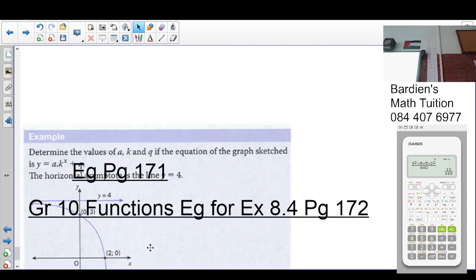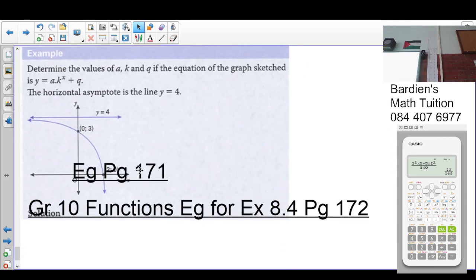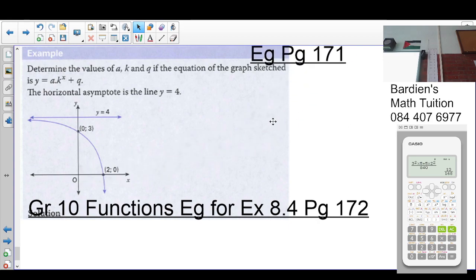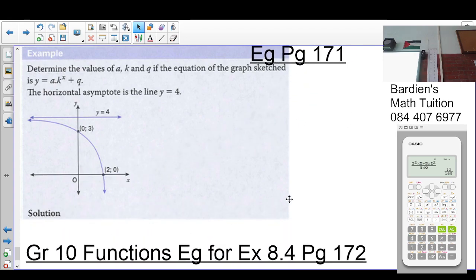So another example, on page 171. Determine the values of a, k, and q if the equation of the graph sketched is y is equal to a times k to the x plus q. The horizontal asymptote is the line y is equal to 4.